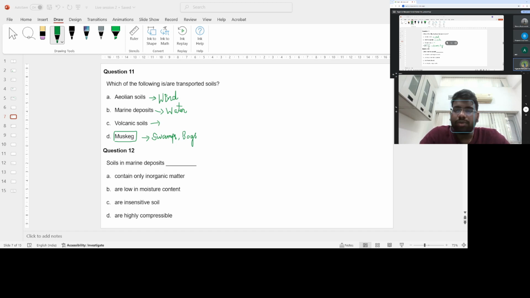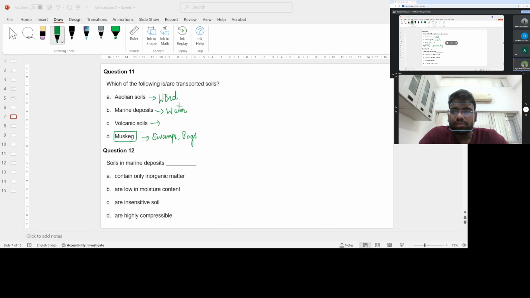But based on several other external phenomena, as in the example of muskeg, they are characterized by the presence of large amounts of water, and the degree of decomposition might vary due to this water and external agents. That is the only difference, but these soils are broadly classified as organic soils only.